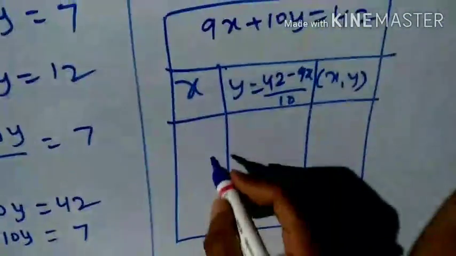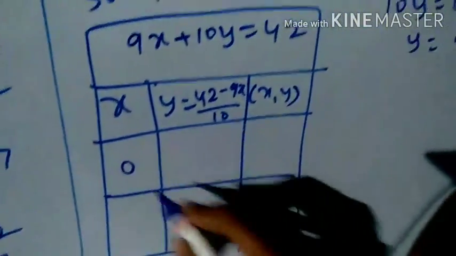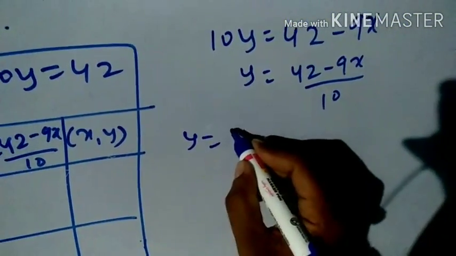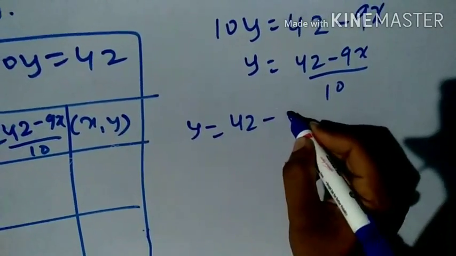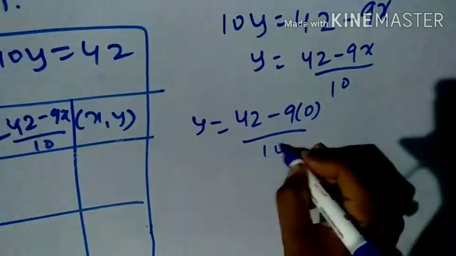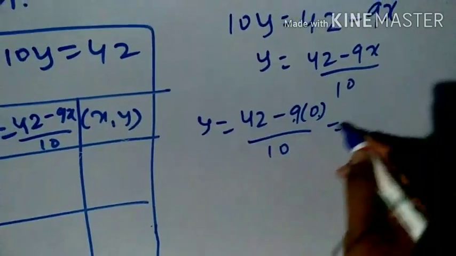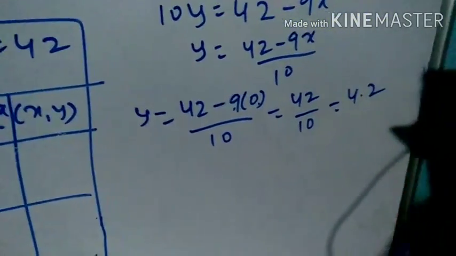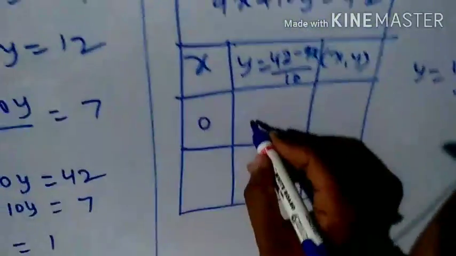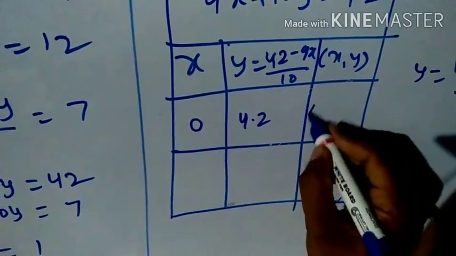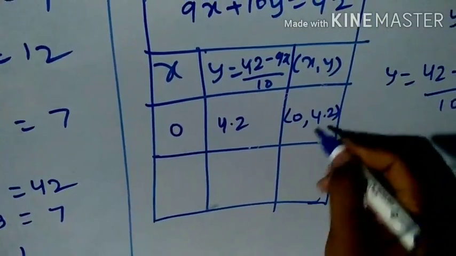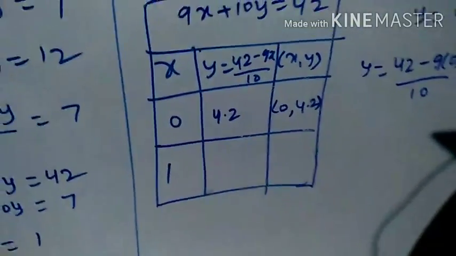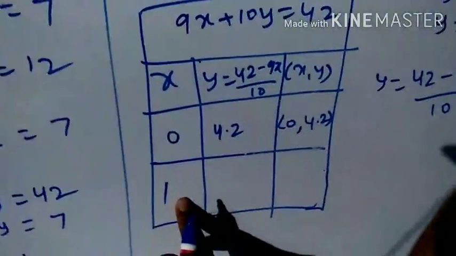Now take x value as 0. Y is equal to 42 minus 9 into 0 by 10. 9 into 0 is 0, so 42 by 10 means it is 4.2. So this point is 0 comma 4.2. Take x value as 1.